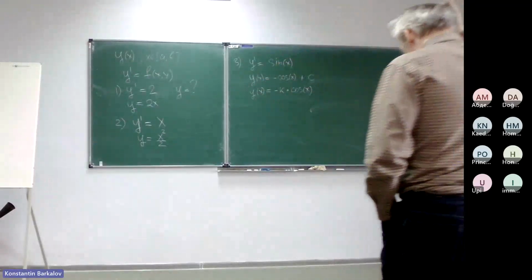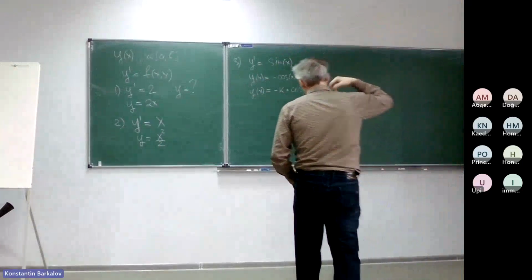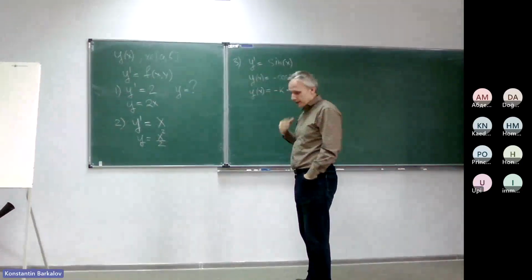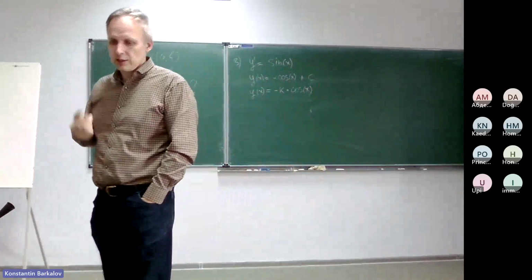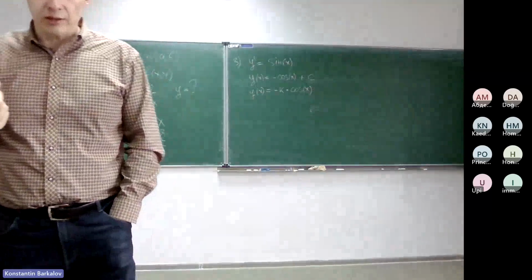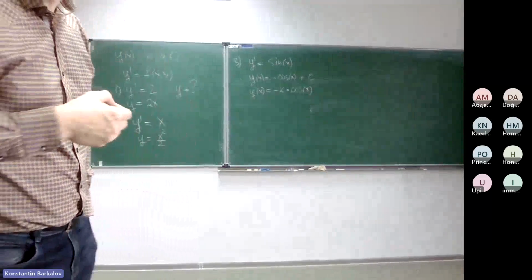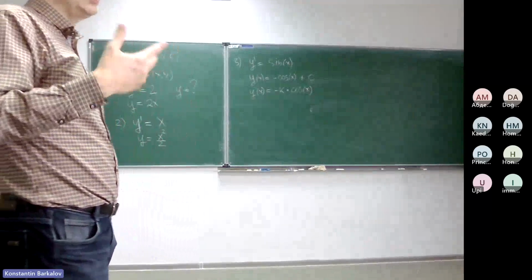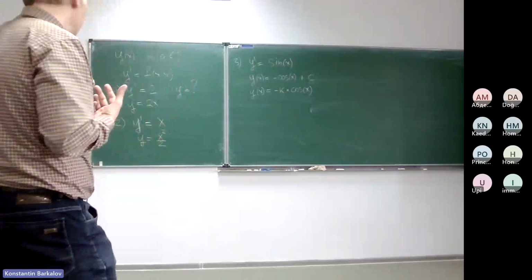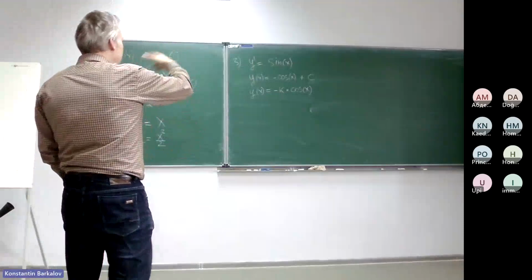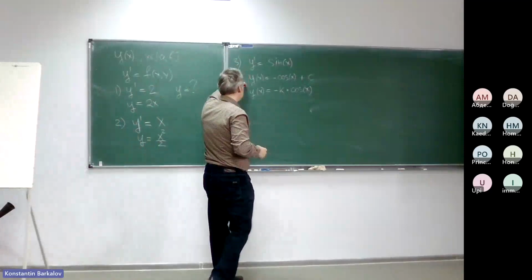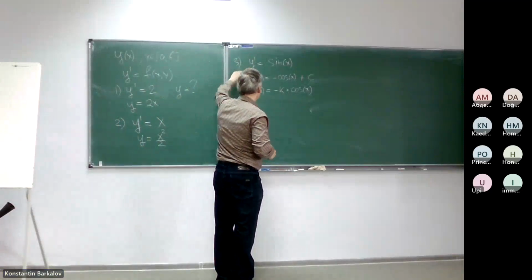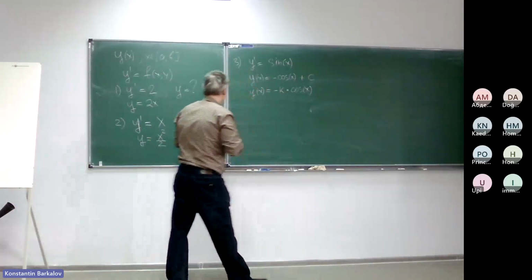Here we have two different forms of solution, but the main idea is that in general, if we didn't make any other suppositions, there are a lot of solutions, a lot of functions that satisfy this equation.